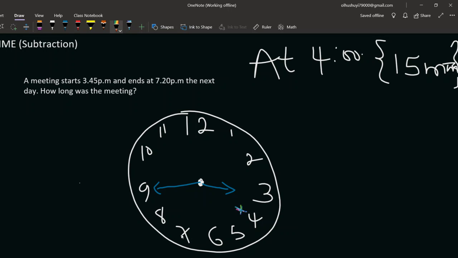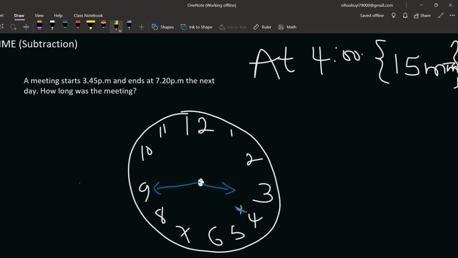Don't forget we are going to the next day. So from 4, 5, 6, 7, 8. This is 12 a.m., midnight. 8 hours already.